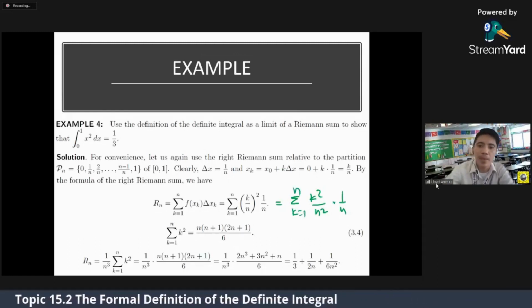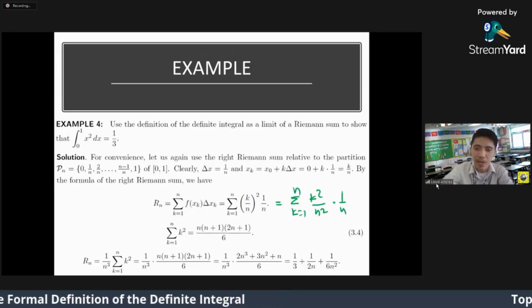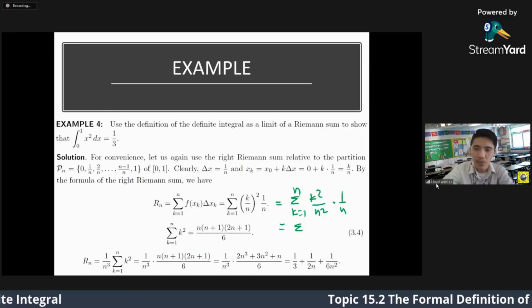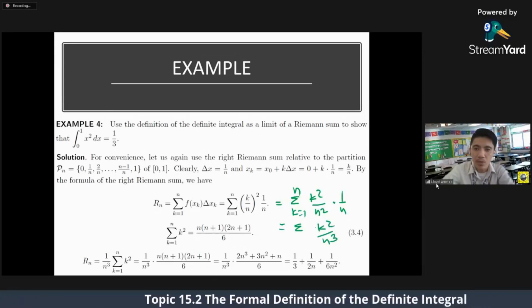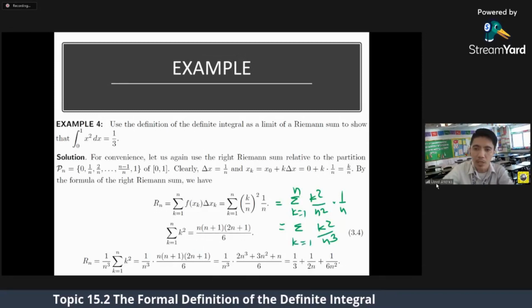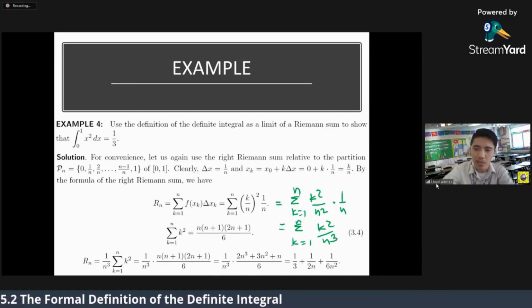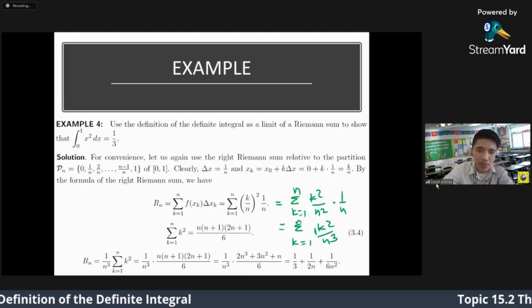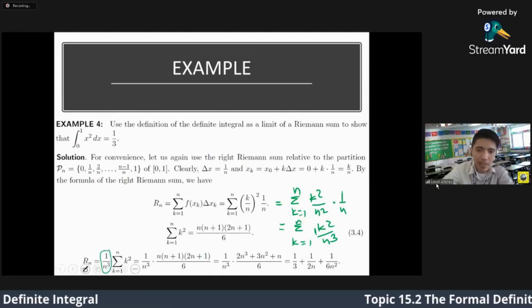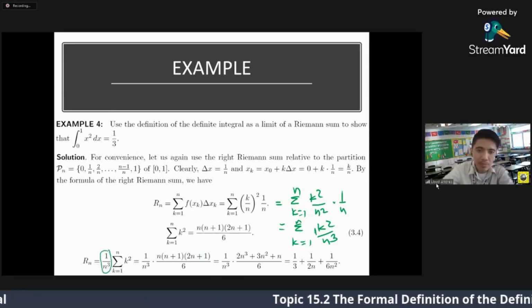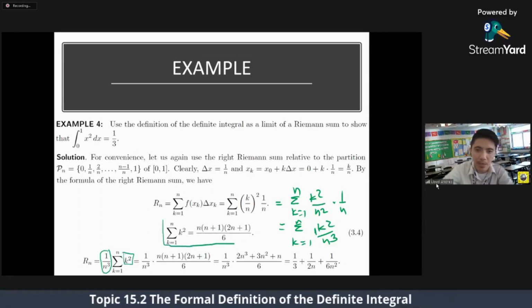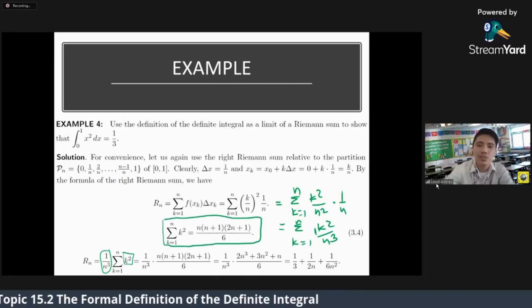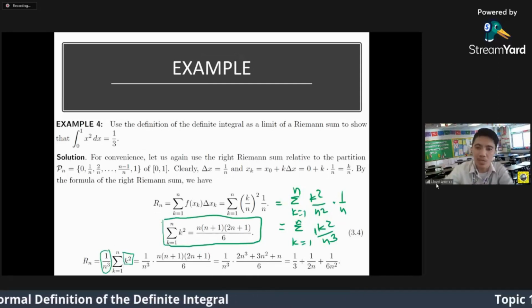And then simplifying, that becomes summation of k squared over n cubed, where your k starts from 1 to n. Tapos kaning 1 over n, i-factor out niya para ang mabilin k squared na lang. Kay kaning summation of k squared, naa man tay formula, which is kana. So i-substitute na lang nato.